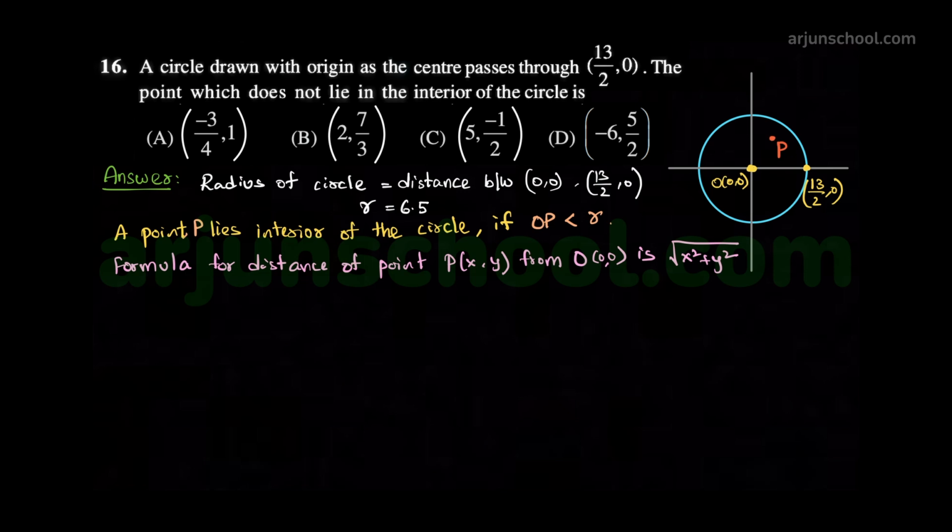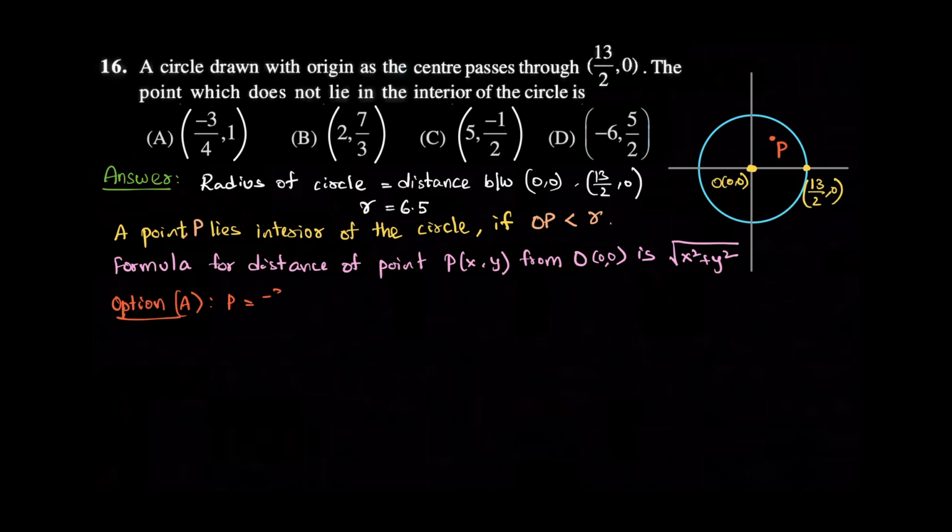Now let us check each of the options and find the distance from the origin, which is the center of the circle, and check if the distance is less than the radius. If the distance is not less than the radius, then that is the required answer. If it is less than the radius, the point is inside the circle. And what we need is a point that does not lie in the interior of the circle.